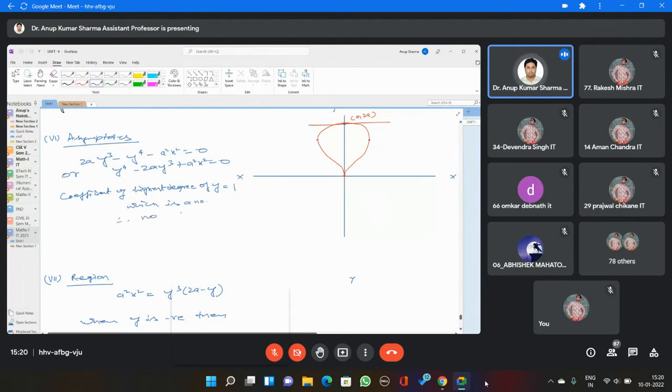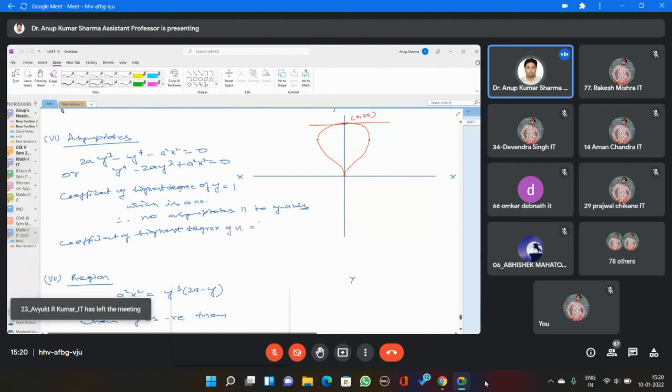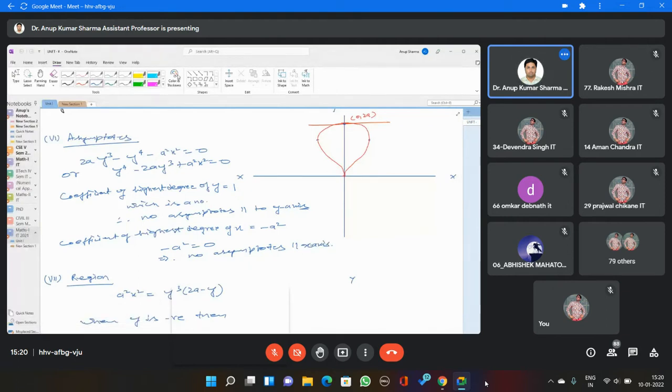Therefore, no asymptotes parallel to the y-axis. And similarly, coefficient of highest degree of x is equal to minus a square. So minus a square is not equal to 0. This implies that there are no asymptotes parallel to the x-axis. Okay, so these things you are getting.